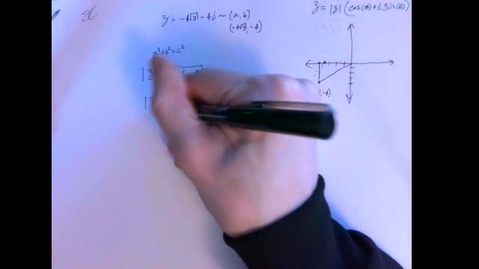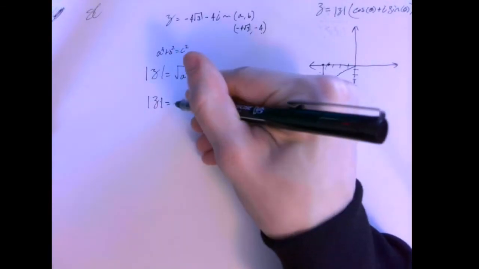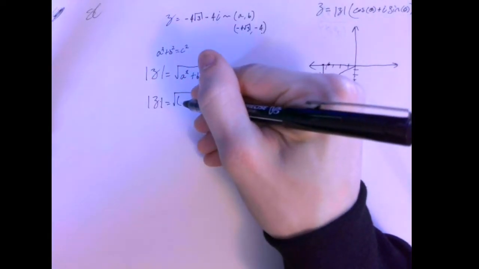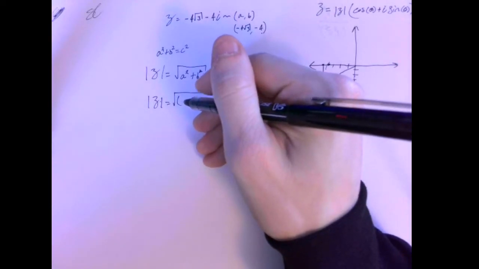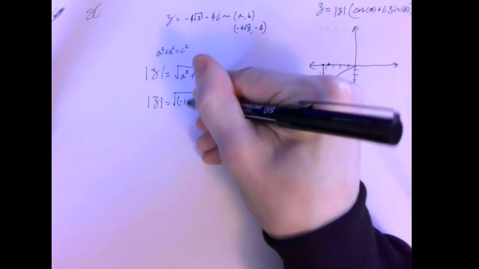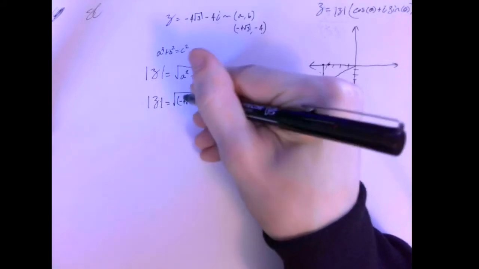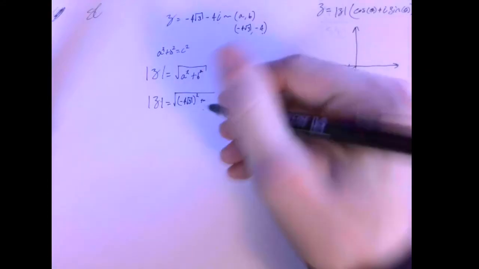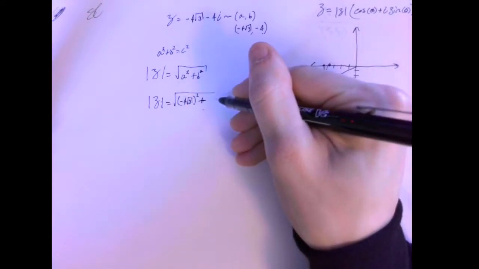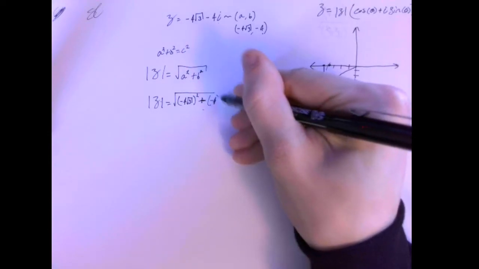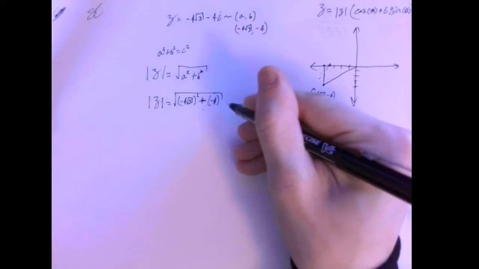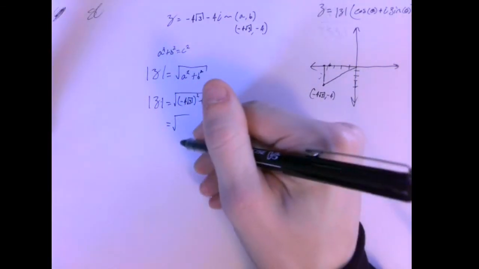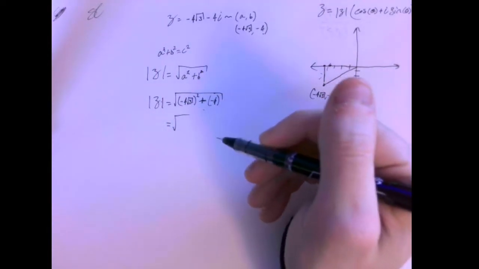So our absolute value of z in this case is going to be equal to the square root of -4 square root 3 squared plus -4 squared. What do we get here? 4 times 4 is 16. Root 3 times root 3 is 3.